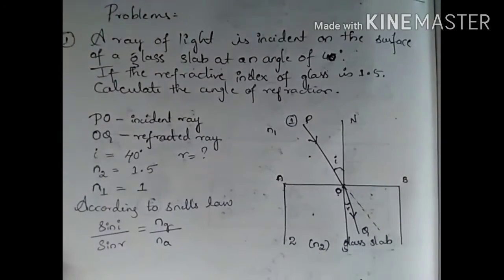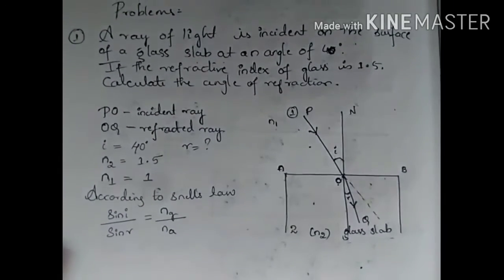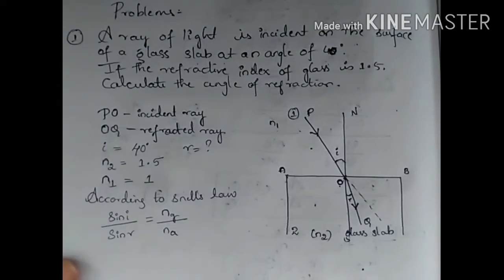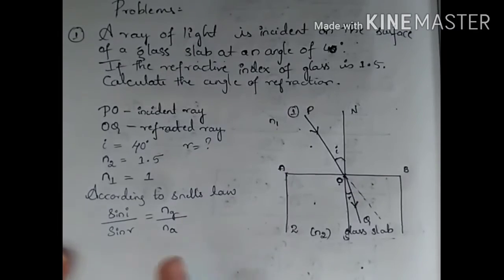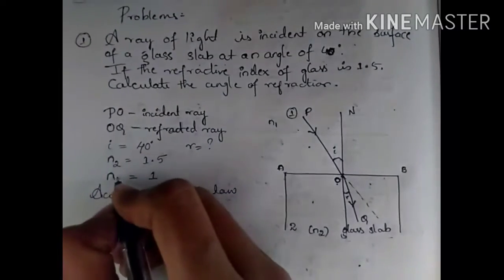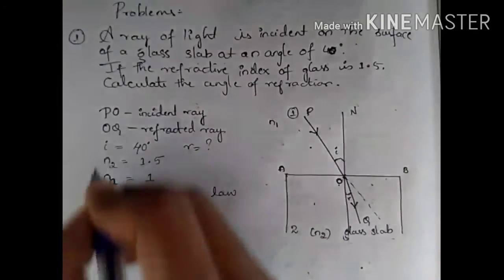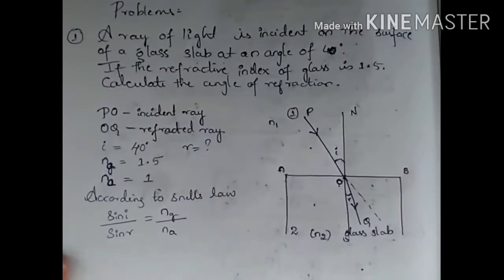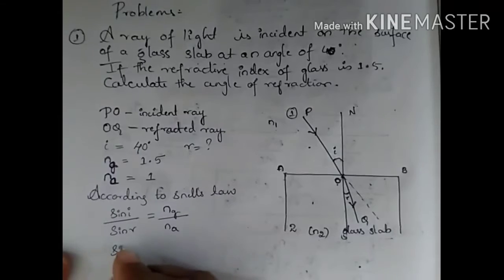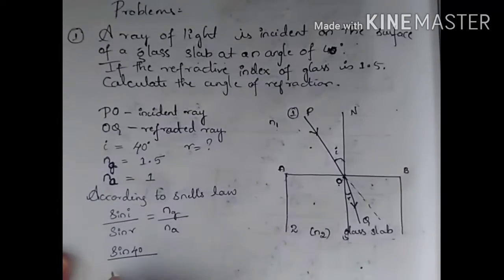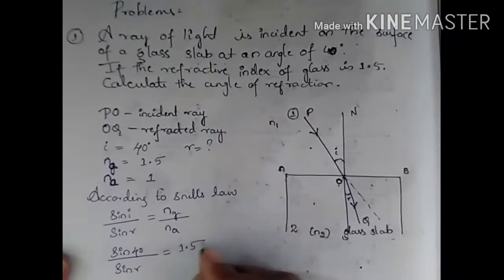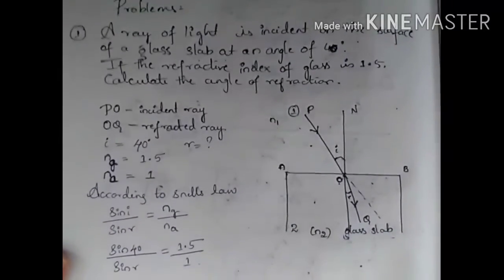Here we know Na, which is 1. Let us call them Na and Ng. So sine of 40 degree divided by sine R is equal to Ng, which is 1.5, divided by 1.